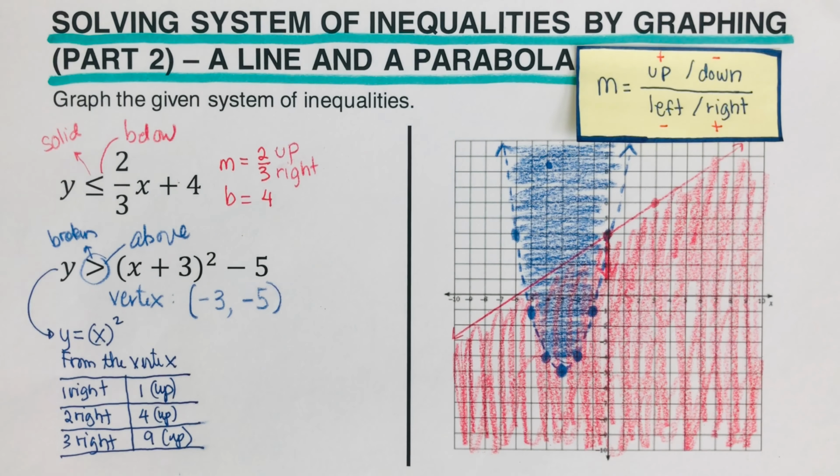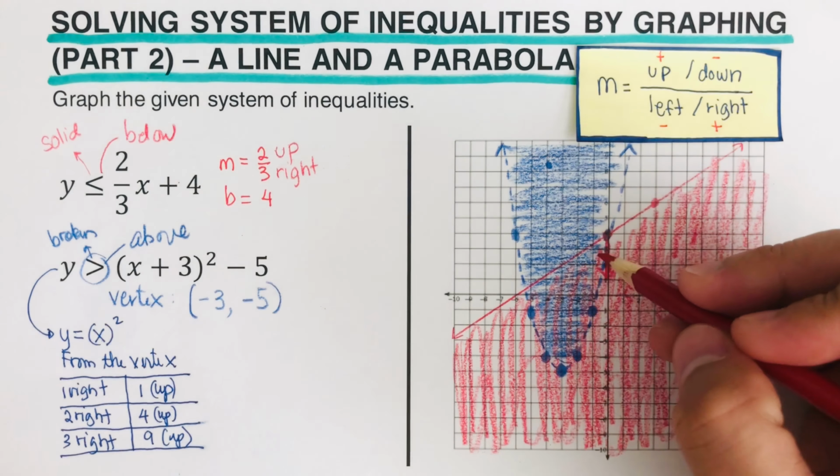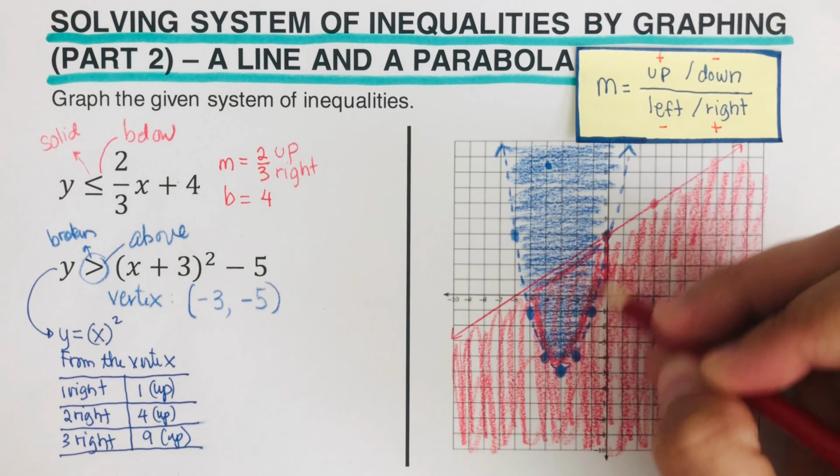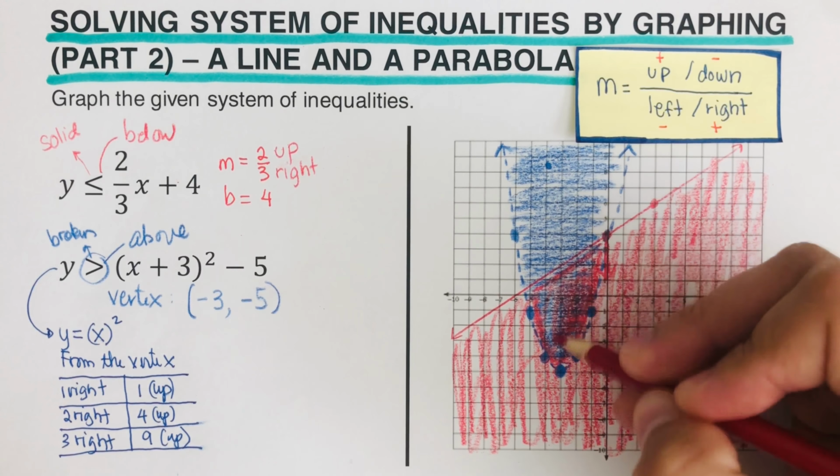Okay, so as you can see here, the points of intersection, or where these two colors overlap, is actually the solution. So it's this point right here that we consider as the solution to this inequality.